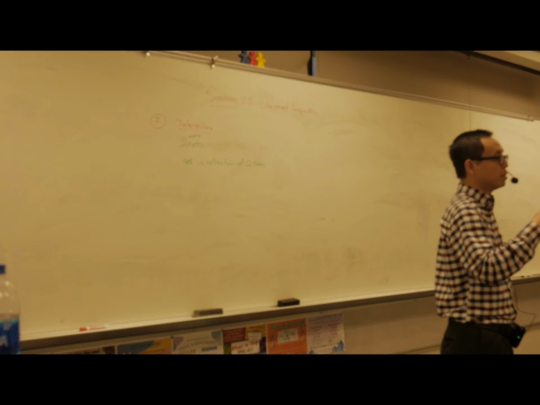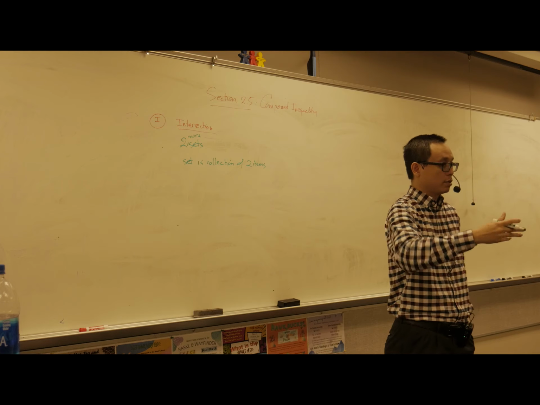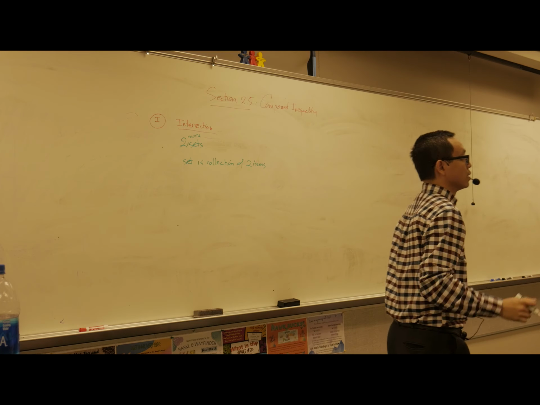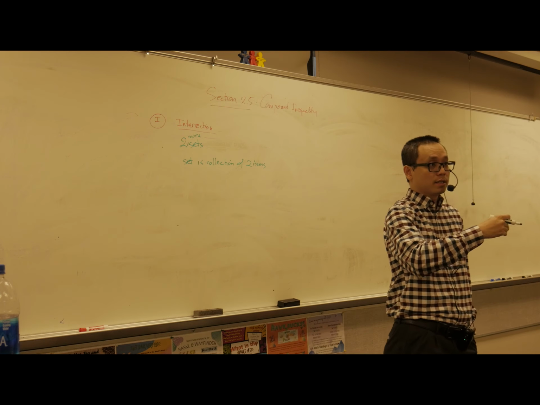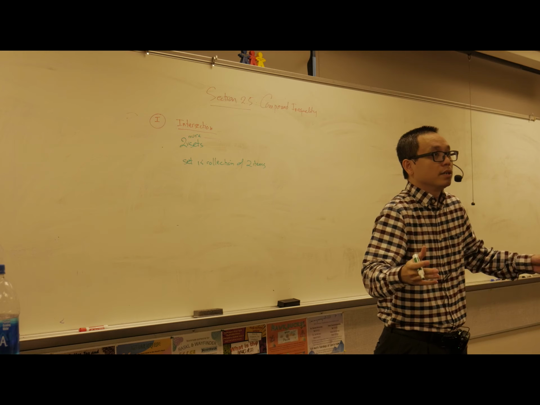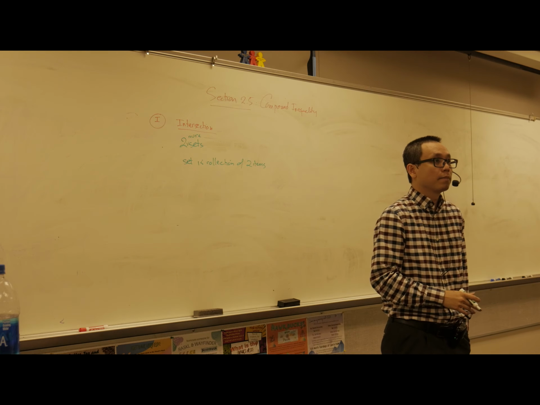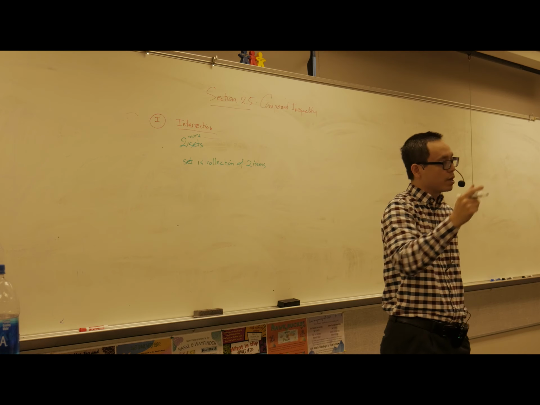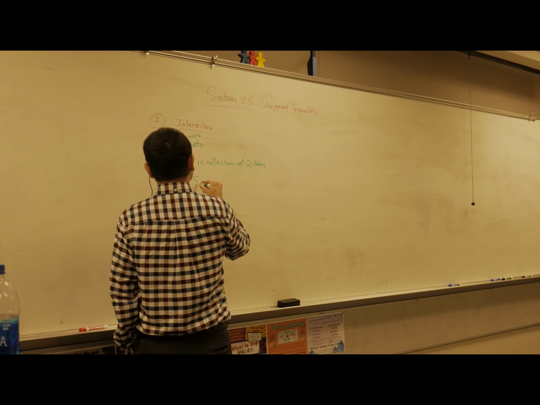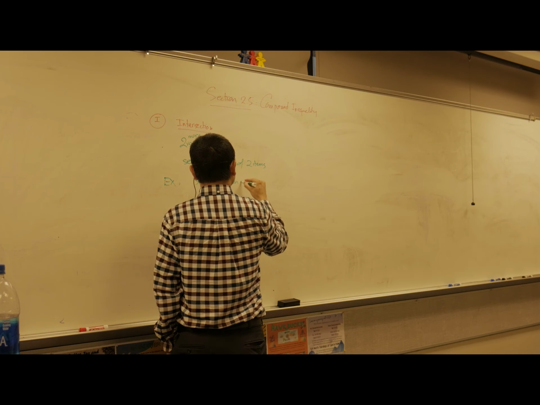That set will include a chair, desk, table, and so on. You can list as many as you want. For example, for a set of integers, how many integers do you have? Infinitely many, right? So you can't list all of them. Or maybe you just list like 2 or 3 of them. So I can give you an example like this. I'm going to put a set of even numbers.